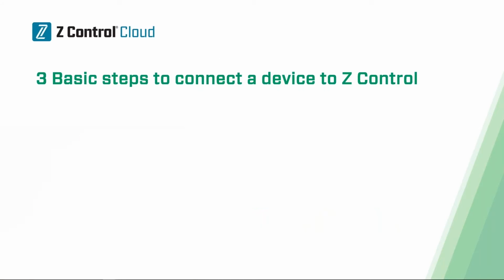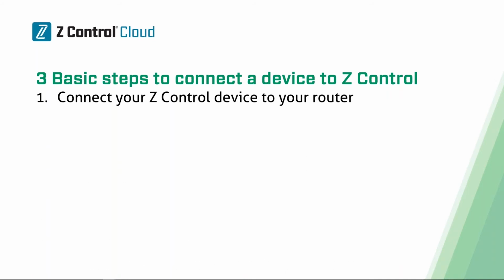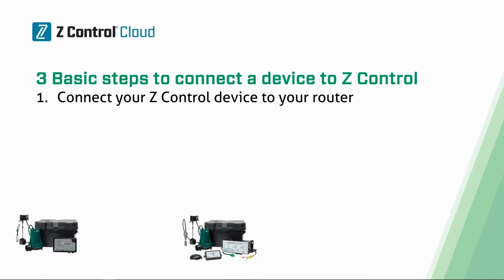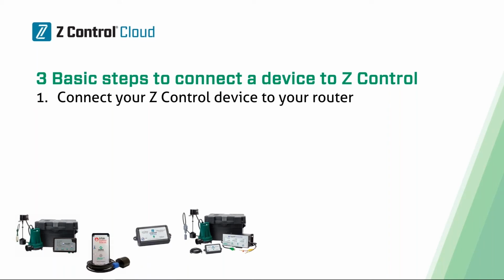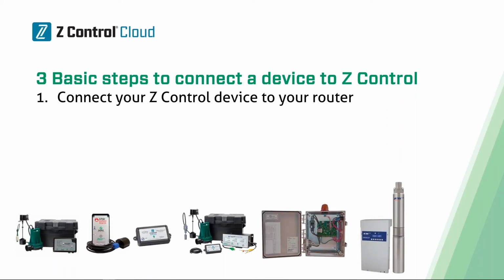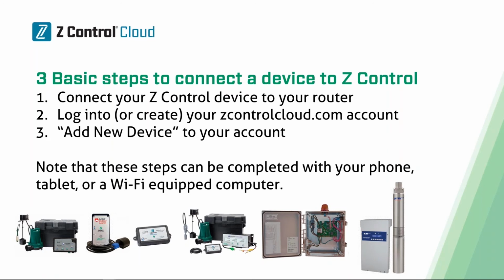There are 3 basic steps to connect a device to Z-Control, and we're not going to go into this in detail. I'm just going to review it real quick. There's a whole other webinar on this subject, so you can review that in our archive. Step 1, you're going to connect the Z-Control device to your router. There's a bunch of devices. Step 2, you're going to log in or create an account at zcontrolcloud.com.